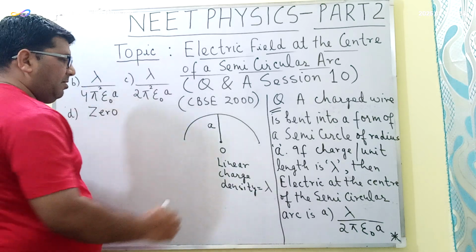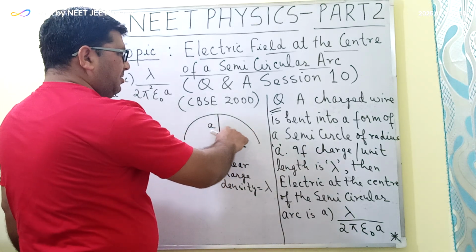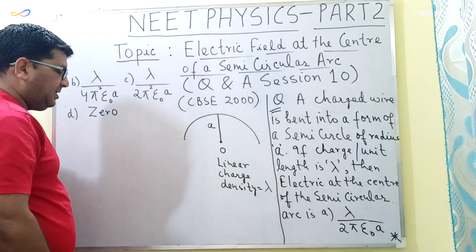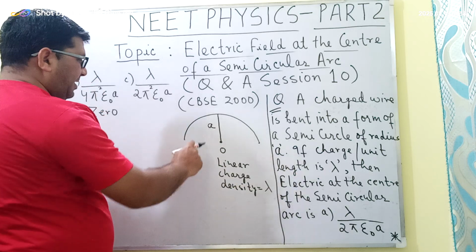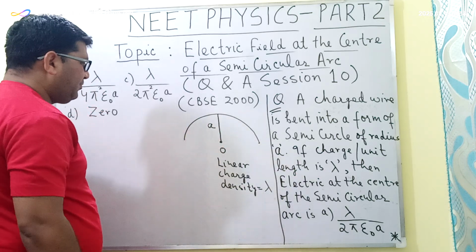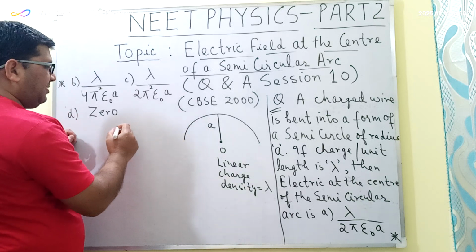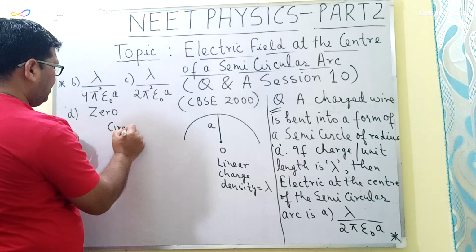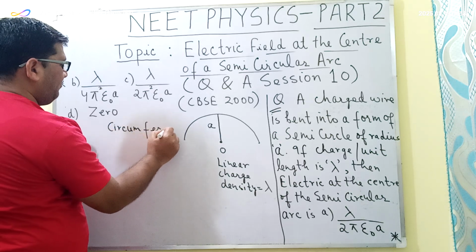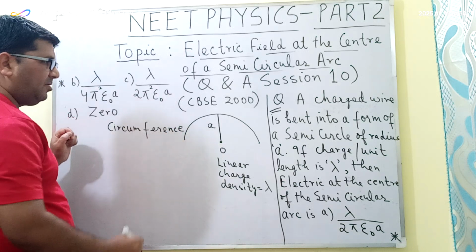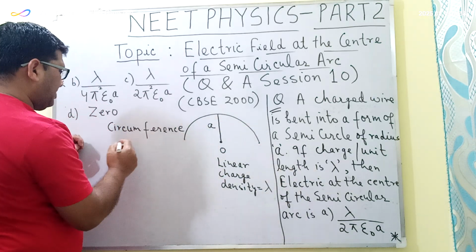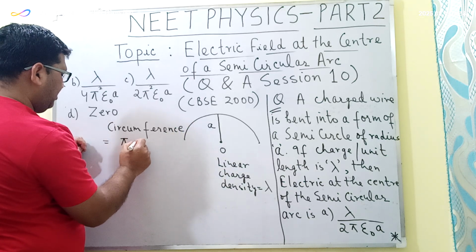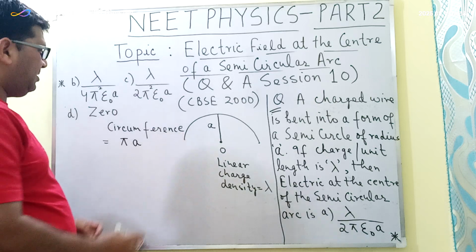Now since the wire has a uniform linear charge density equal to lambda, and since the radius of this wire is equal to A, we can say that the circumference of this semicircular arc, or the circumference of this semicircle, will be equal to pi A.